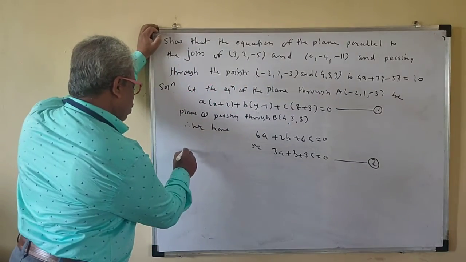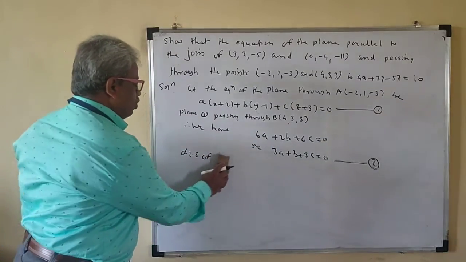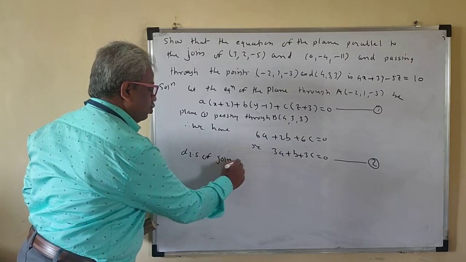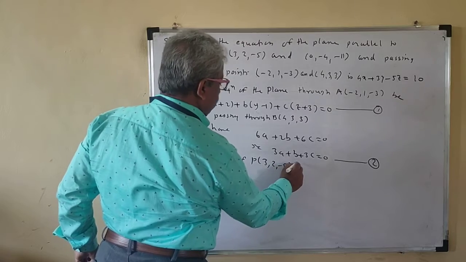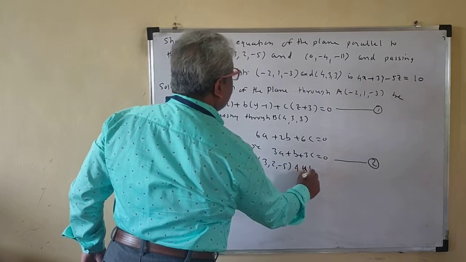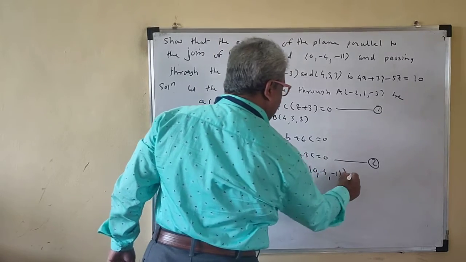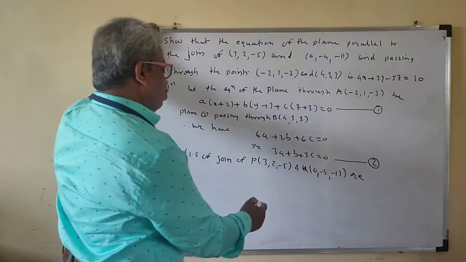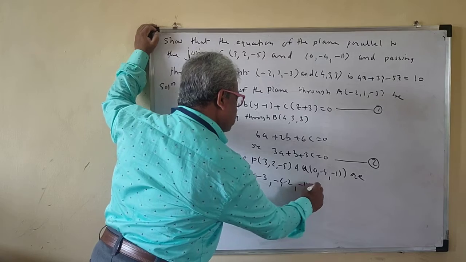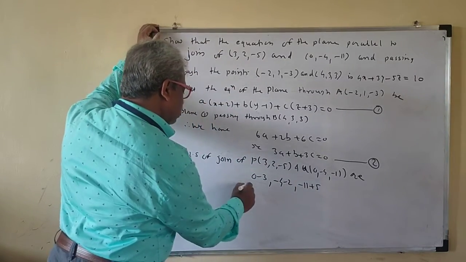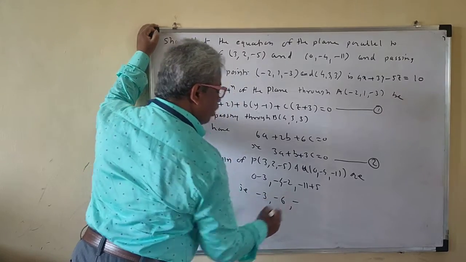So, the DRs of the line joining P and Q. P is (3, 2, -5) and Q is (0, -4, -11). So 0 minus 3, minus 4 minus 2, minus 11 plus 5, that is minus 3, minus 6, minus 6.